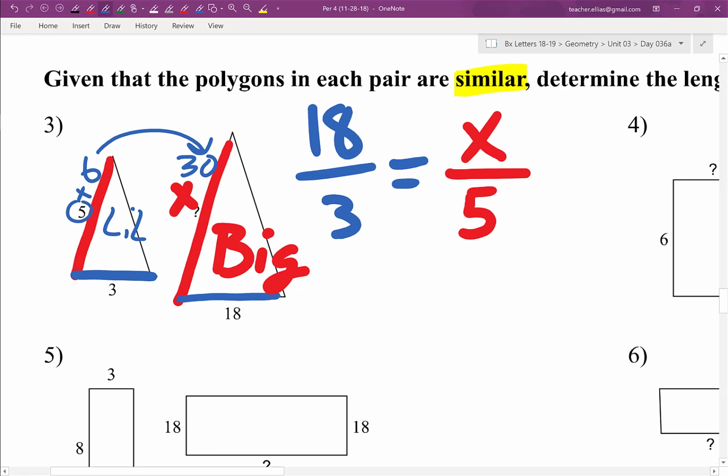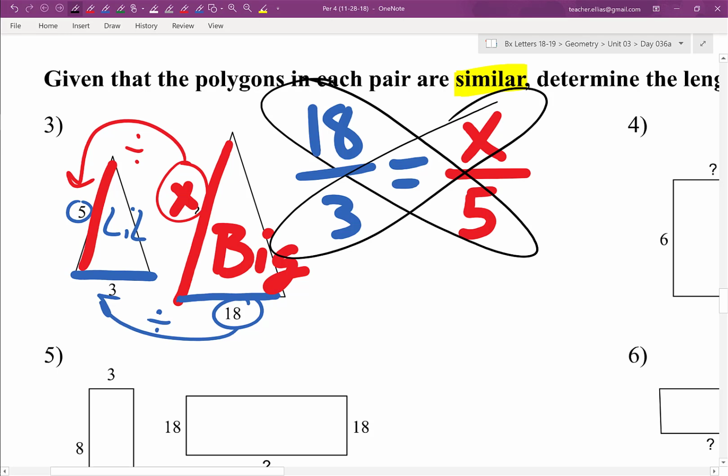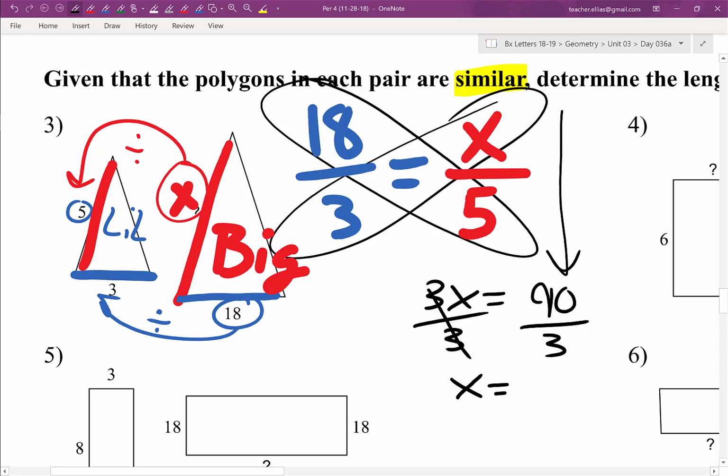If I'm doing something from the big triangle divided by the corresponding side from the little, 18 divided by 3, then that has to be equal to something from the big triangle divided by the corresponding side. And then how do you solve this? That's 90, 3x divided by 3, x equals 30.